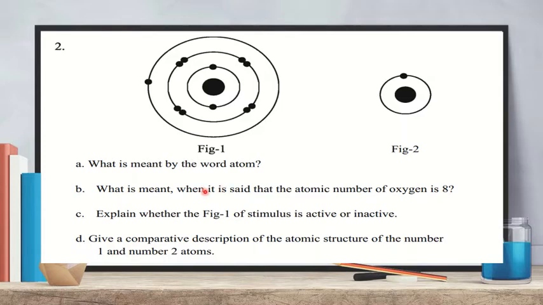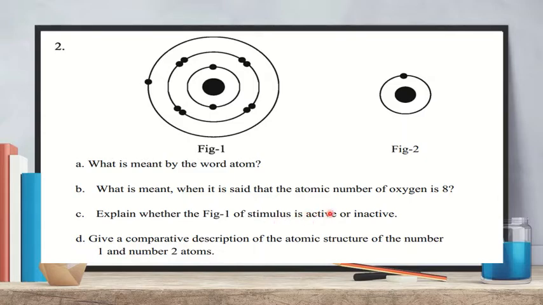What is meant when it is said that the atomic number of oxygen is 8? It means it has 8 protons in the center of the oxygen atom.